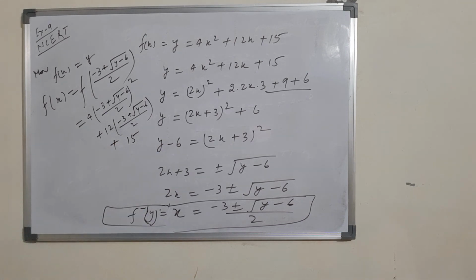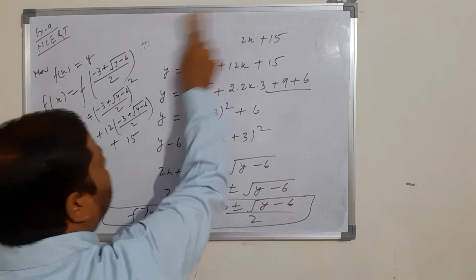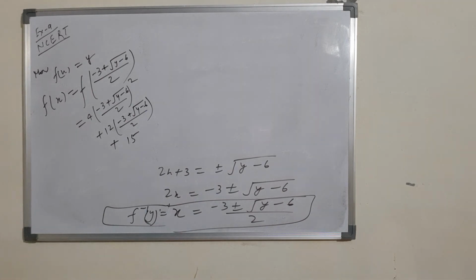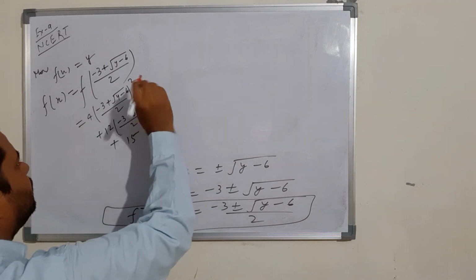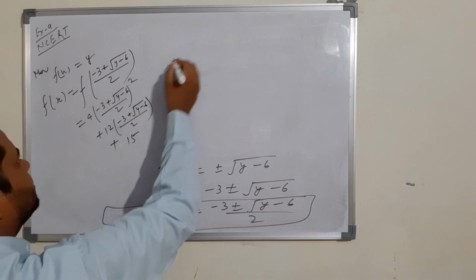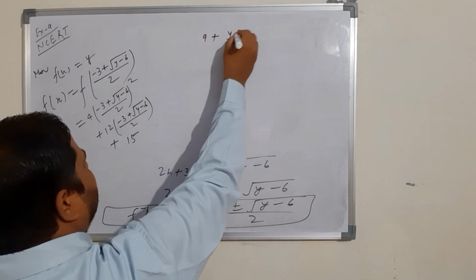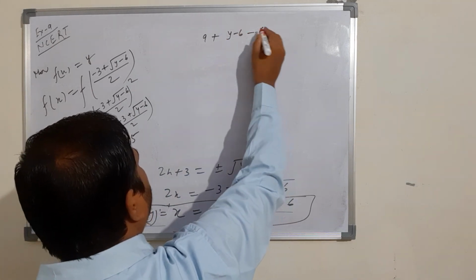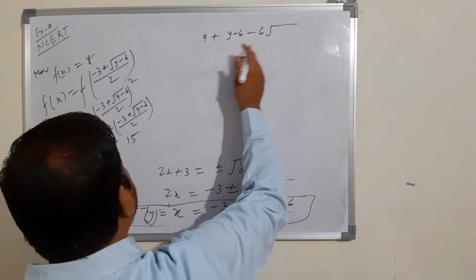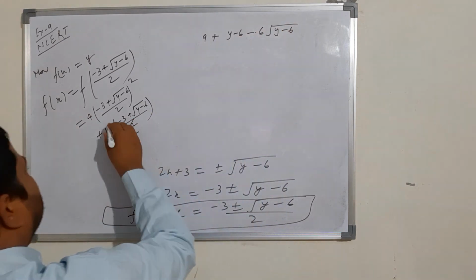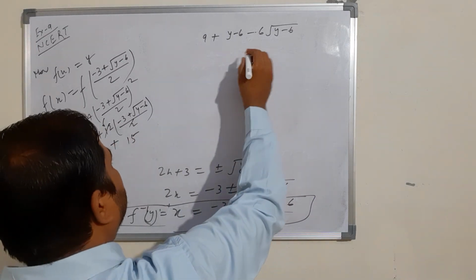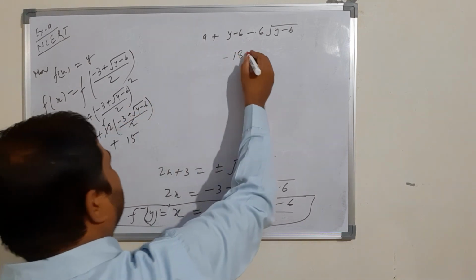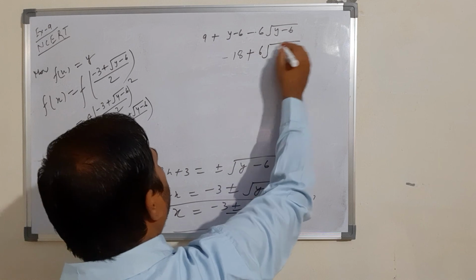So after this I am just going to solve it. Let us see. See this, if we solve this one, the 4 and 2 square cancel, and after this you have to complete the square: 9 plus y minus 6 plus 2 into 3, that is minus 6 root of y minus 6, and then plus 12 into... minus 18 and plus 6 root of y minus 6.